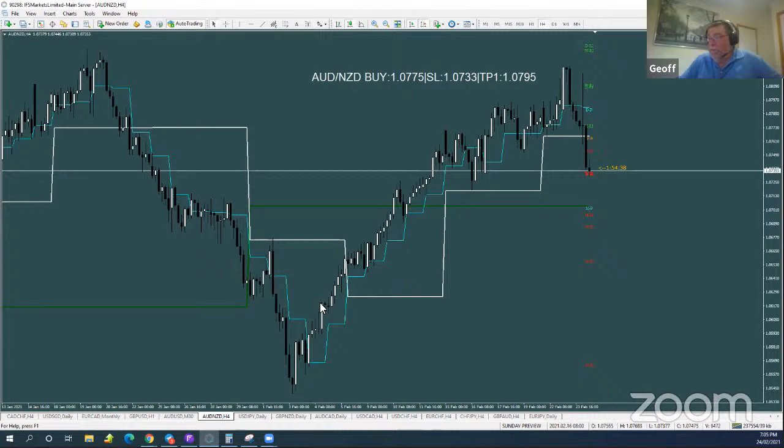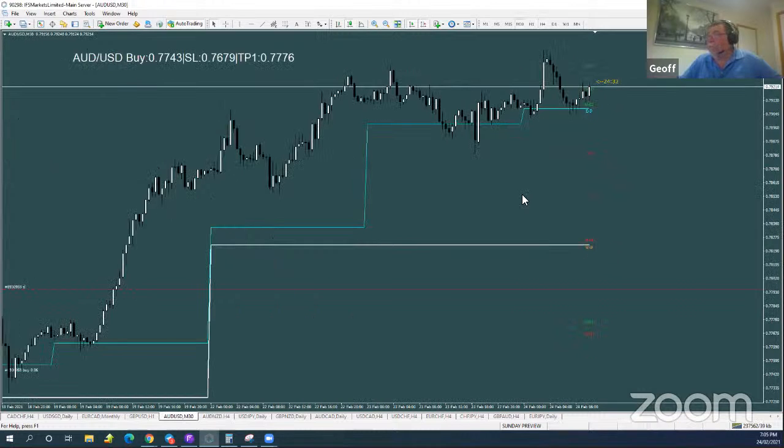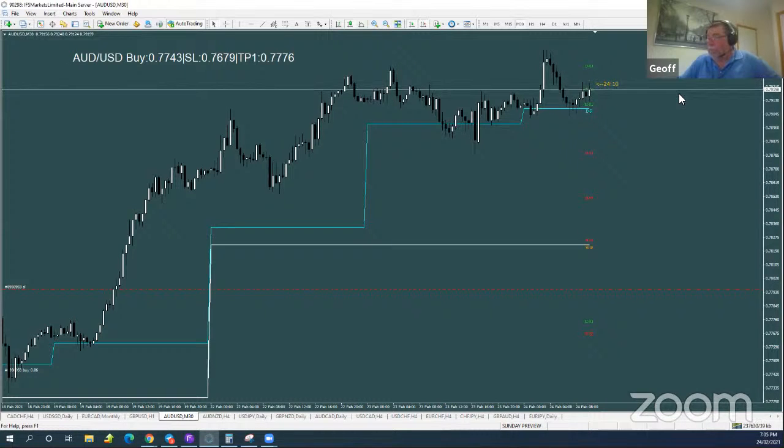So we've got Euro Aussie, Aussie dollar still going. Aussie dollar well in profit, of course, and our trailing stop is underneath the weekly pivot here at about 77.95 or something like that. So we're banking more as we go. I'm going to leave it where it is in case we do get a strong retracement, and the weekly pivot holds us up.